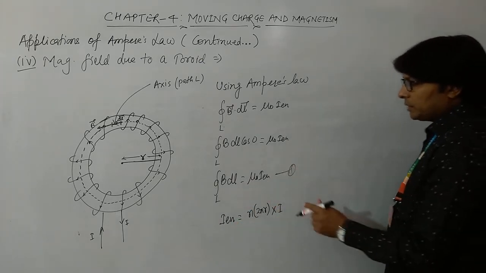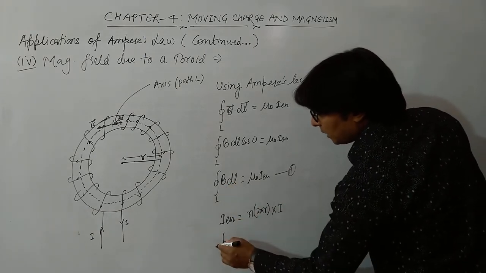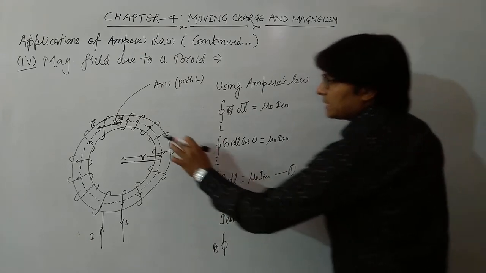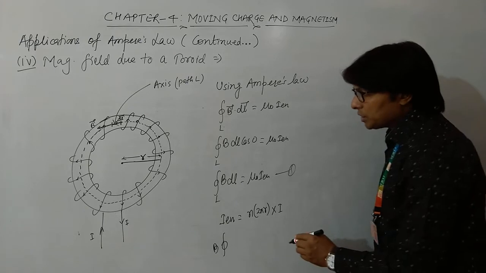Putting this value into equation first, we can take B outside the integration because it is constant at each and every point on the axis. Only the direction keeps changing.